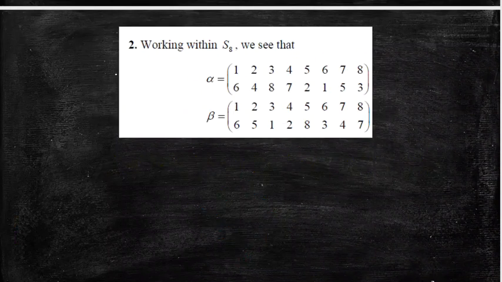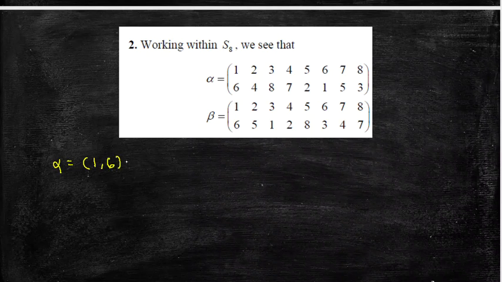For example number 2, working within a symmetric group of degree 8, we see that alpha is this permutation and beta is this permutation, which is an element of A. Alpha in cycle notation we can write as 1 to 6, 6 maps to 1.